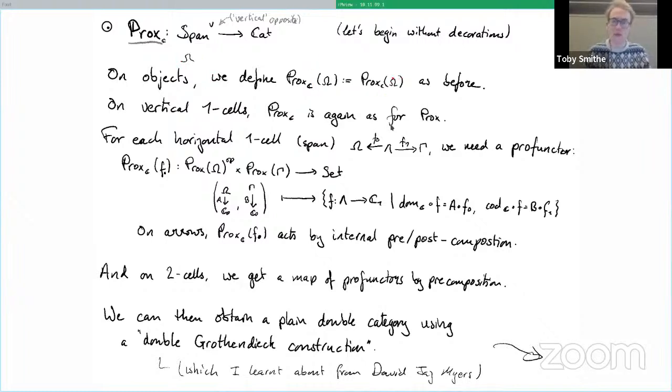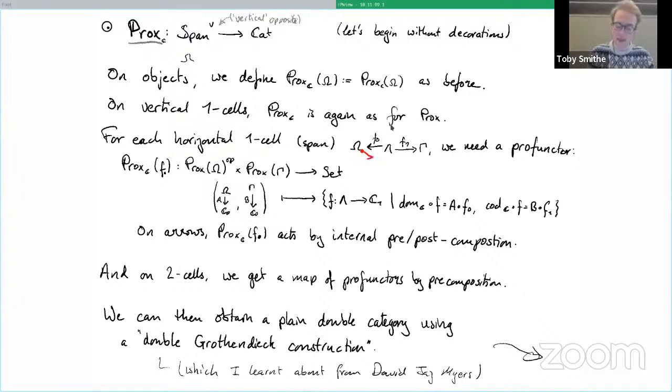Now this is the category where the fiber is this category of proxied objects and morphisms. The vertical one cells are, again, going to be the same kind of thing: this precomposition, this pullback idea. The bit of the structure we're missing so far is what happens on the horizontal one cells. Well, I need to give you a profunctor.